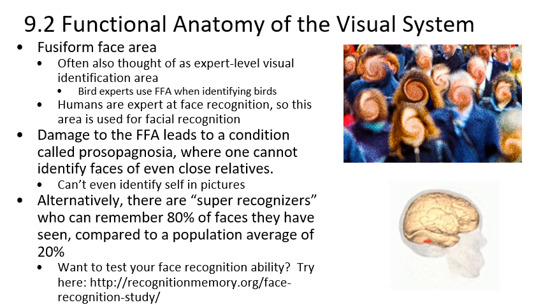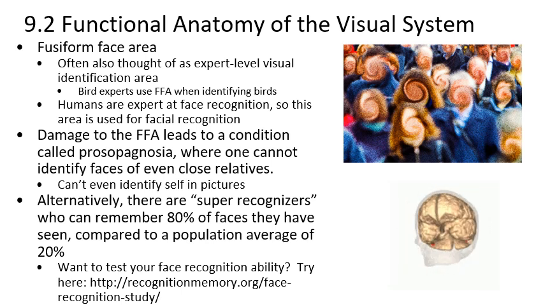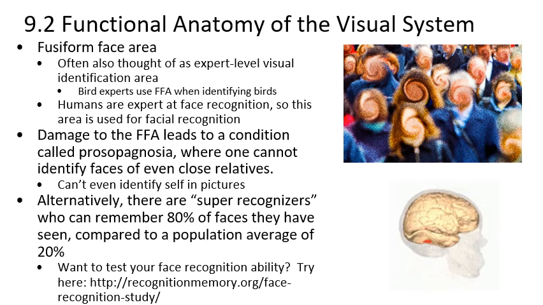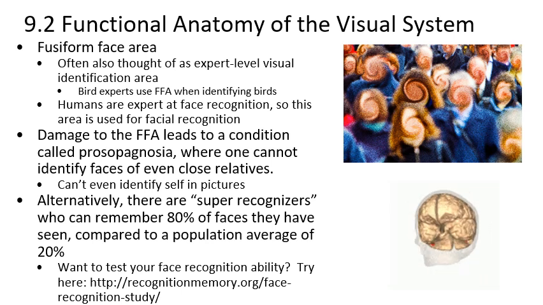People who are experts in other recognition, like bird experts, for example, use the fusiform face area when identifying birds, leading us to believe that this is also just an area that is used for expert visual identification of objects. Damage to the fusiform face area leads to a condition called prosopagnosia, where a person cannot identify faces, particularly familiar faces. So even the faces of close relatives cannot be identified. Some people even report that they can't identify themselves in pictures.